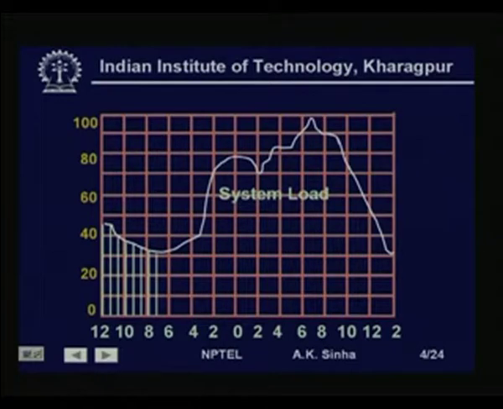So, for this small period we consider the system to be operating on a constant load condition, and therefore, we can consider the system operation as a static operation, though the system as such will be changing its operating point from one instant to another. That is why we call this operating condition a quasi-static operating condition.